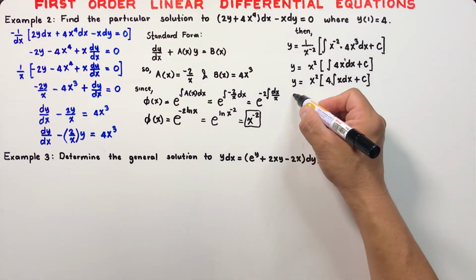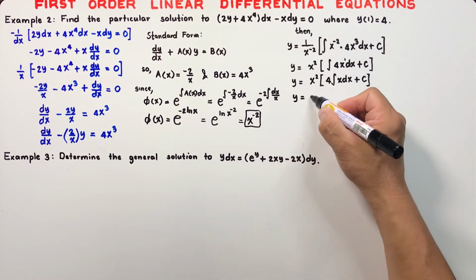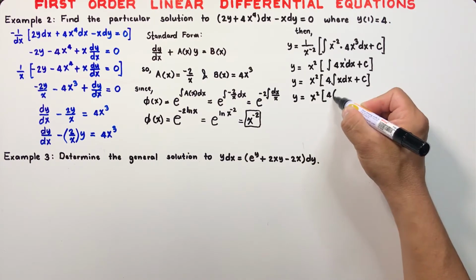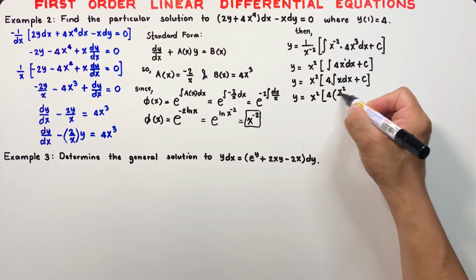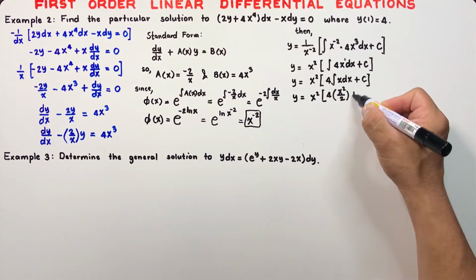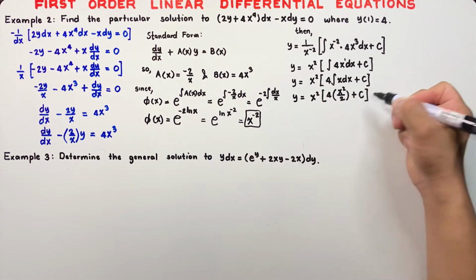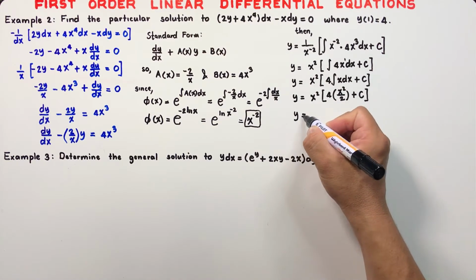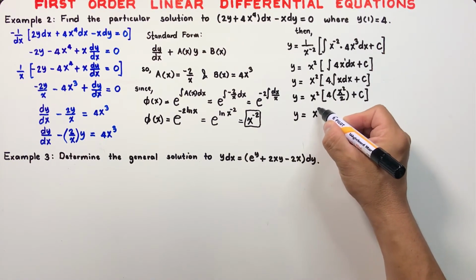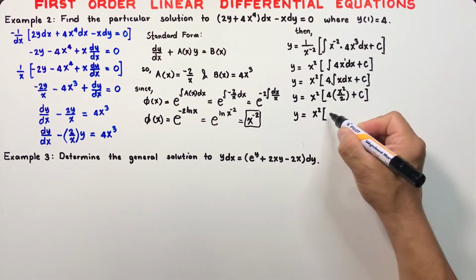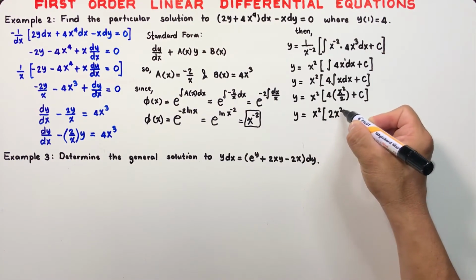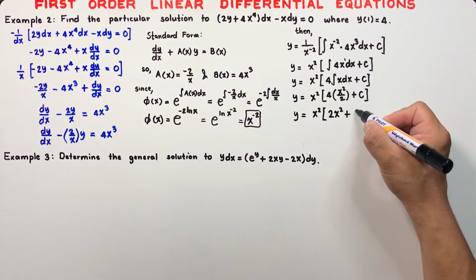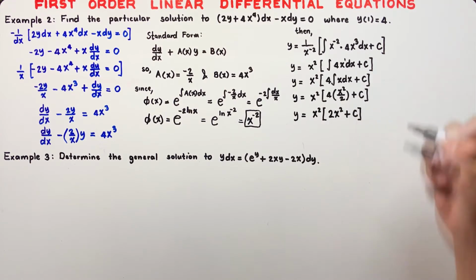So y is equal to x squared times 4 times the integral of x, which is x squared over 2, plus the constant of integration c. And therefore y is equal to x squared times 2x squared, because 4 divided by 2 is 2, added to the constant of integration c.